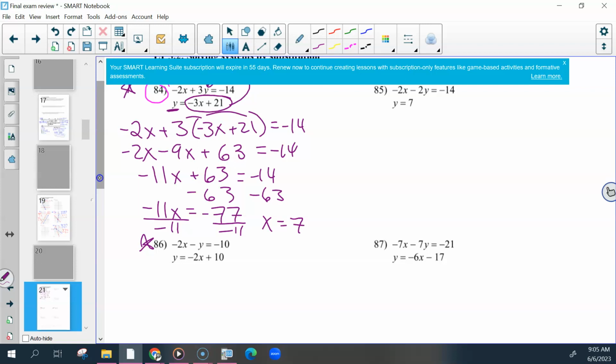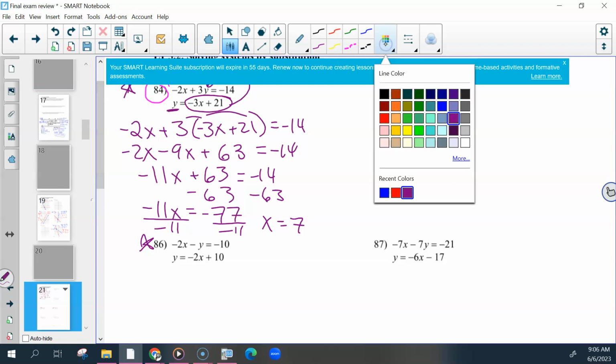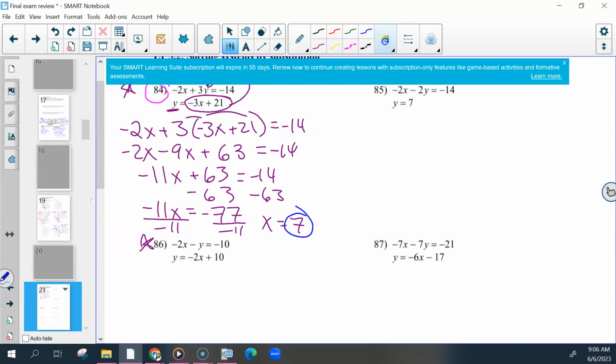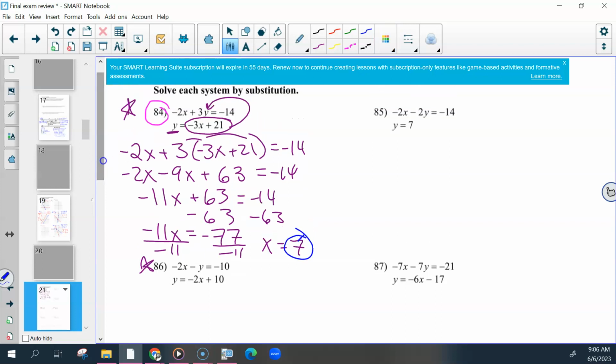But that's only part of it. You have to go back and find y. Take that number you found, put it back into your y equation. You don't have to go to the other one, but if it helps you do that. So y equals negative 3 times 7 plus 21.